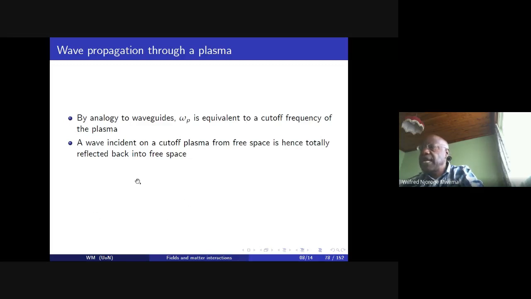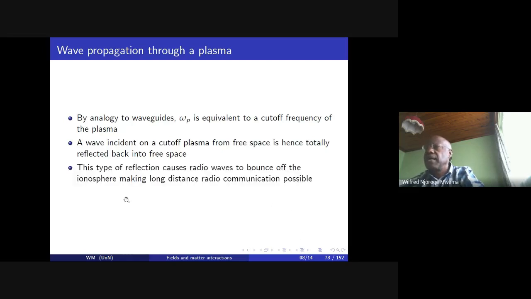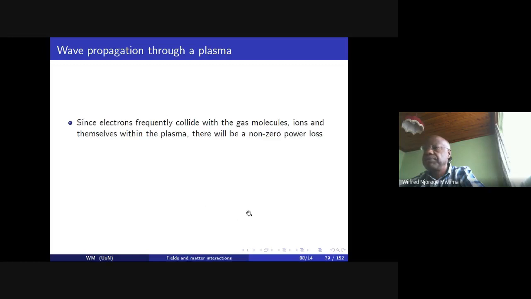If we are sending the wave from down below Earth, it will be sent back towards Earth again. This type of reflection is the reason why radio waves bounce off the ionosphere and allow long distance radio communication around the globe.